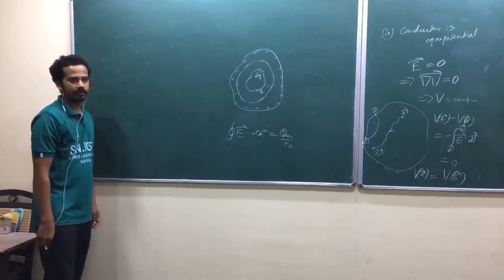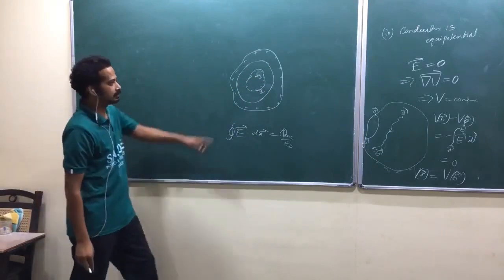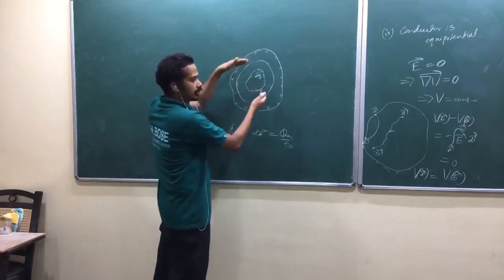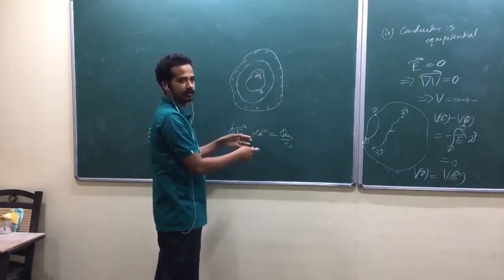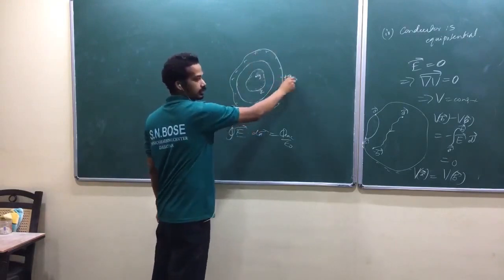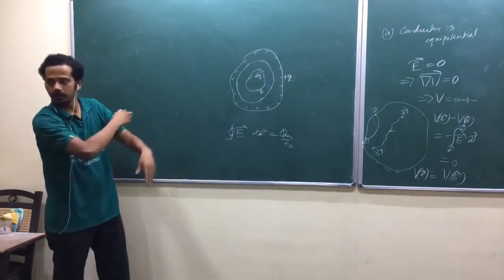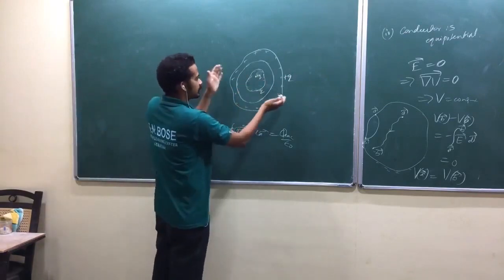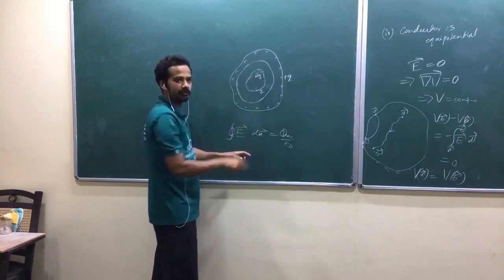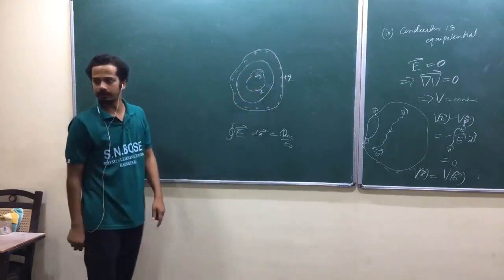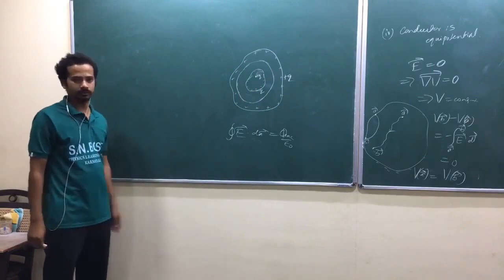Now if that is minus q, those charges moved into the cavity. So the net charge on the outside should be plus q. If that much electron charge moved into the cavity, then that many positive ions will be left over on the surface, plus q.